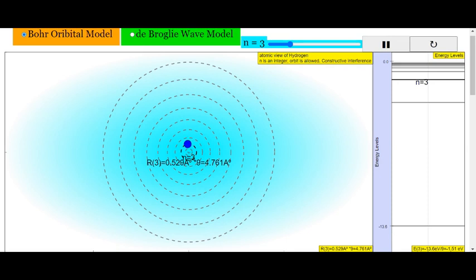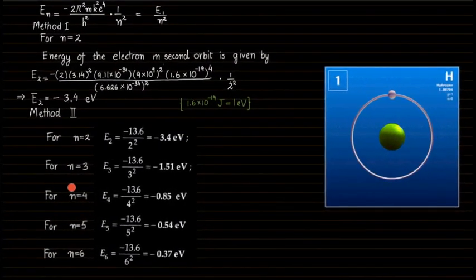It should have minus 1.51 electron volt. If it is in the fourth orbit, then the electron should have minus 0.85 electron volt. And for the fifth orbit, it is minus 0.54 electron volt, and so on. Fine. So this is what we have derived so far.